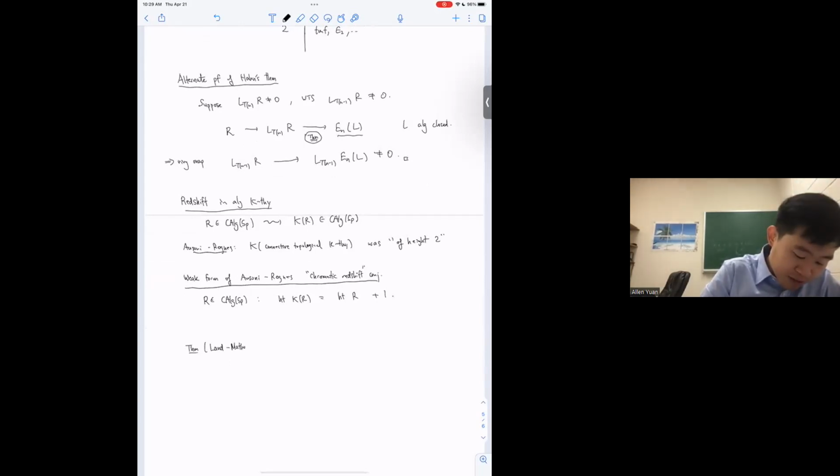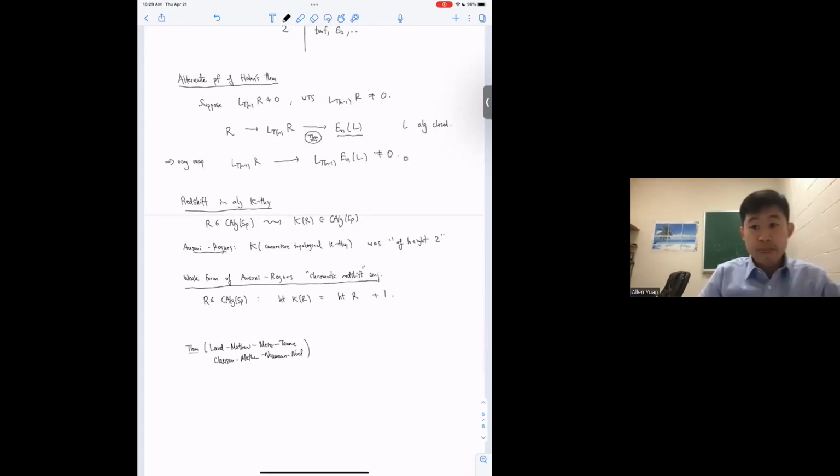The combined work of many authors, Land, Mathew, Meier, Tamme, and Clausen, Mathew, Naumann, Noel, in oversimplified terms, says that the height of the K-theory of R is at most the height of R plus 1.